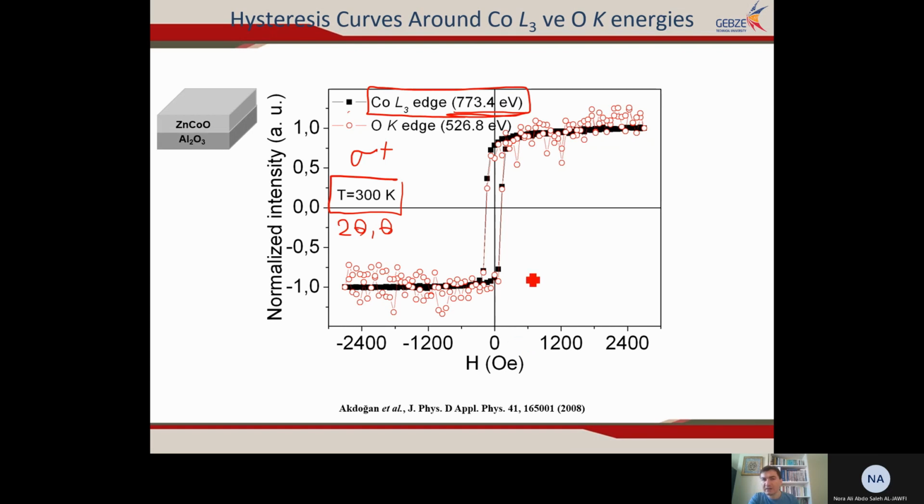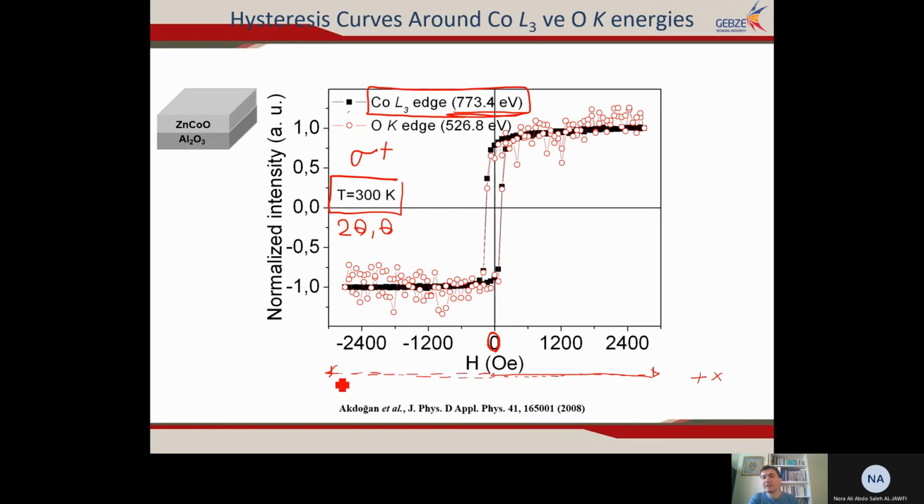Then I scan the magnetic field. Look at this one. I start from 0 and I go to the high magnetic fields in the positive X direction, and then I reverse the magnetic field and I come to 0 again and I go to the negative side, okay, and then I go to 0 again.